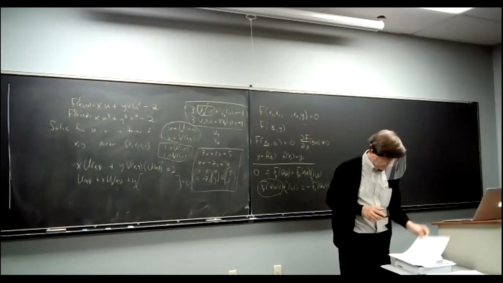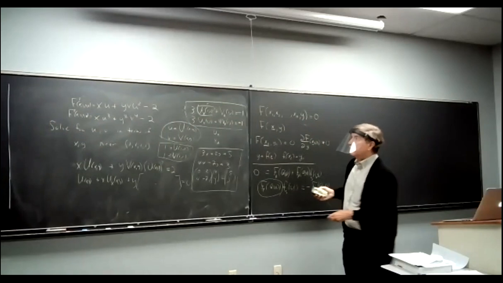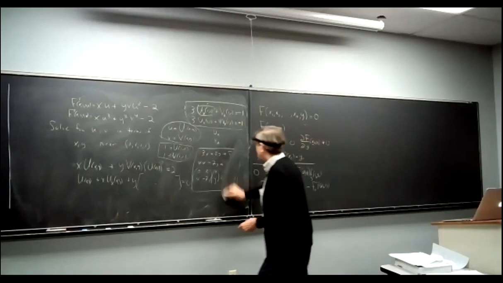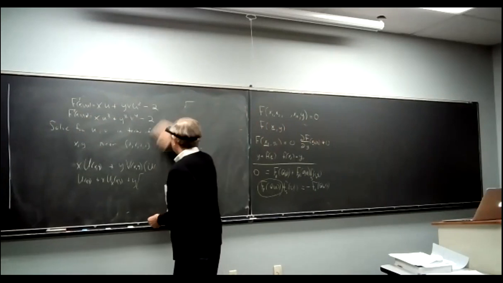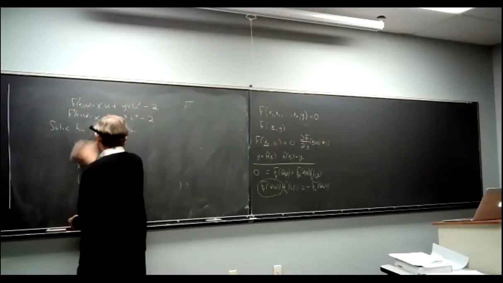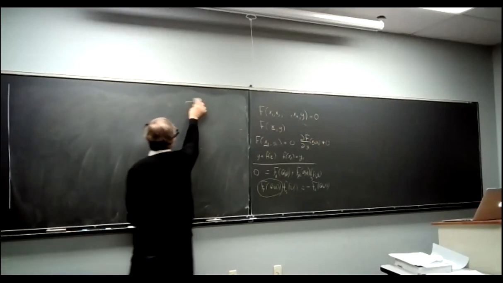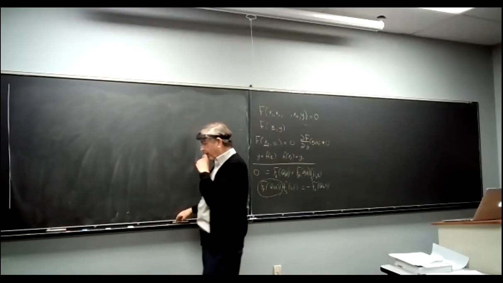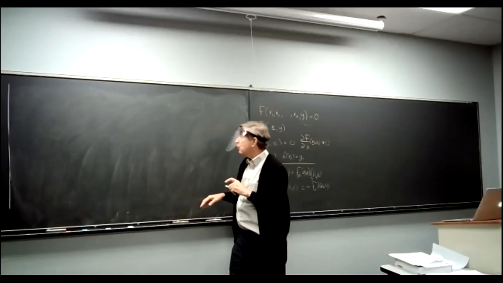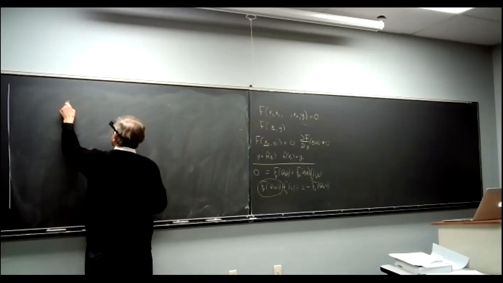So I will be writing out some more about that, but I want to do something else in the time we have left, hopefully. It's about the same idea, but it's simpler.